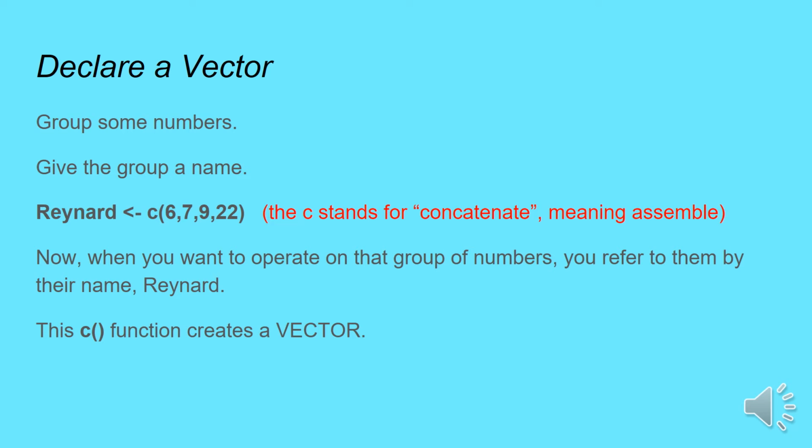You don't have to. I just did in this case. You'll notice the previous case I did not capitalize Hamlet. However you decide to capitalize or not capitalize a variable name, you have to be consistent, because R is case sensitive when it comes to variable names.